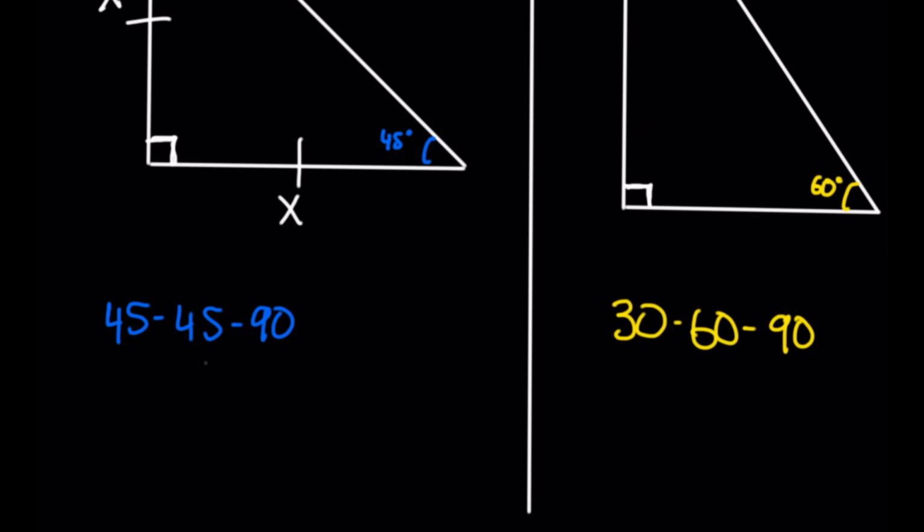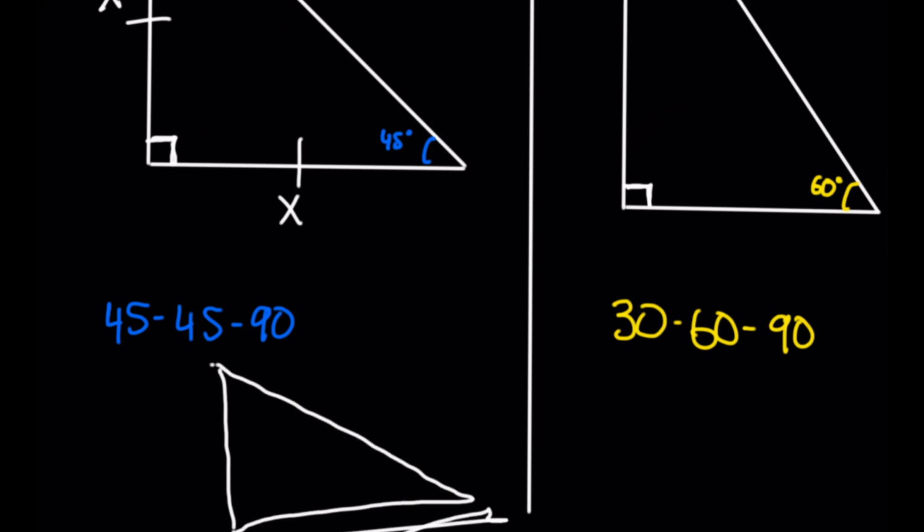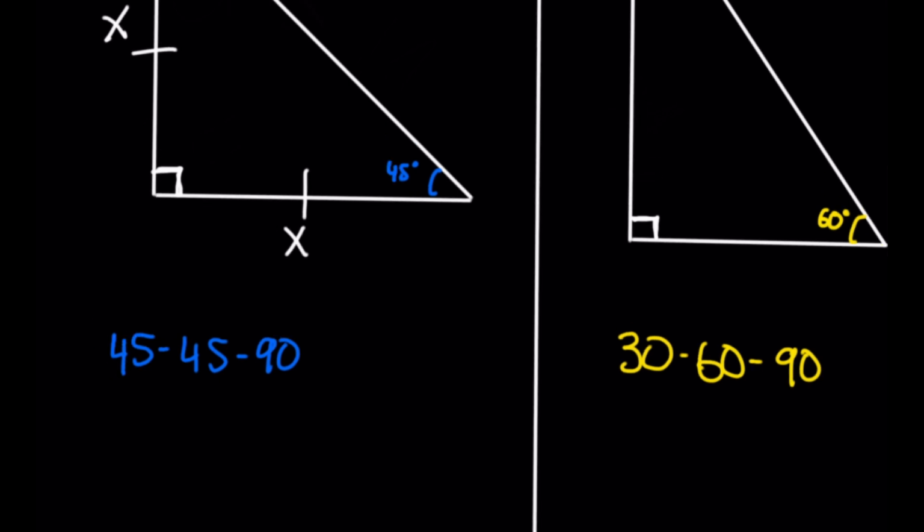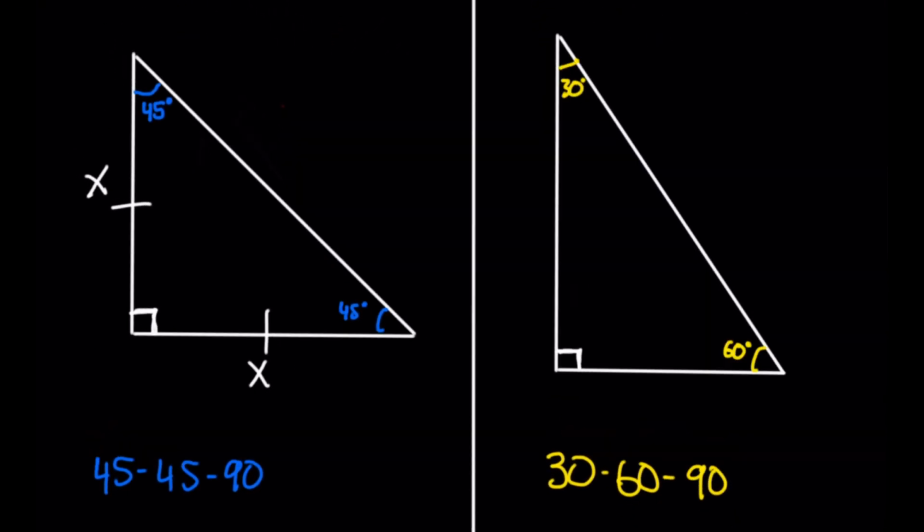So let's say we have a right triangle where this leg down here is greater than this leg. We can tell that these two angles aren't the same. So if we have a right angle and two angles of the same measure, then the two legs are congruent.